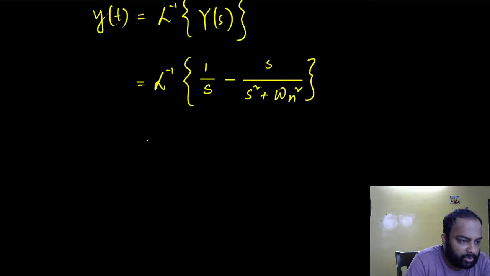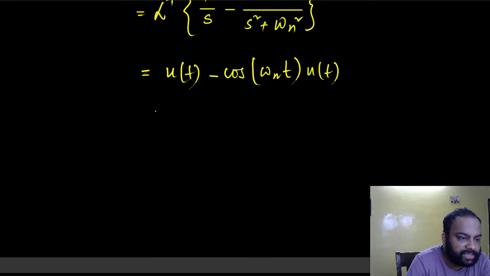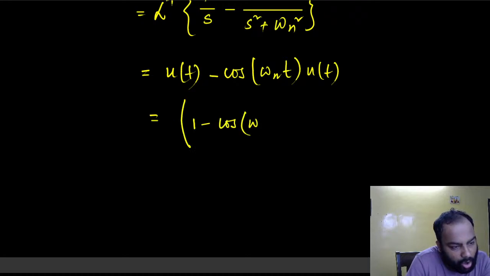This is 1 by s, so the inverse Laplace transform of it is u(t), and this is s by s square plus omega n square, so that is going to be cosine of omega n t u(t). So the output of the system is essentially (1 minus cos omega n t) u(t).